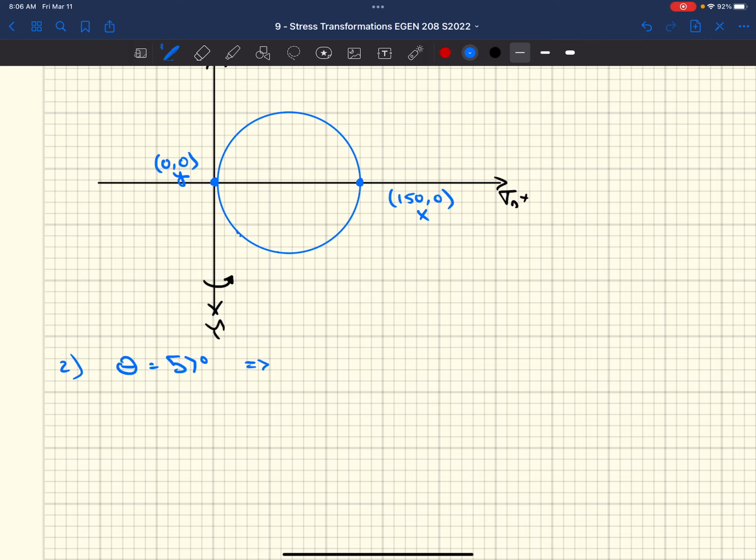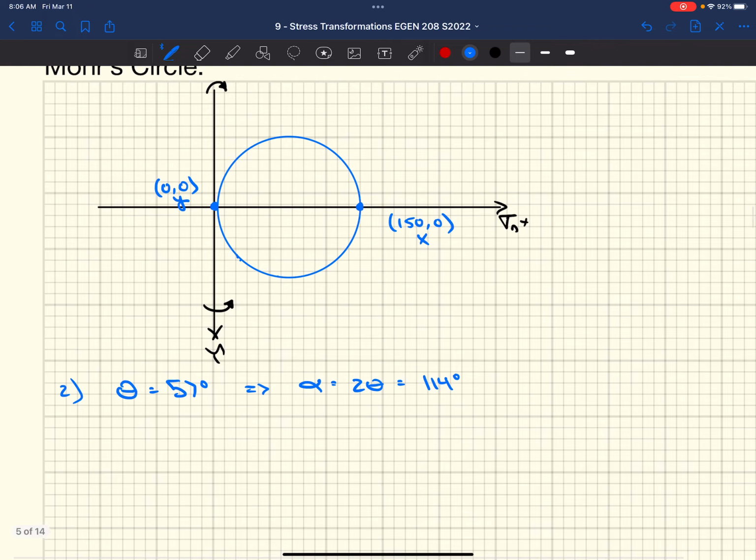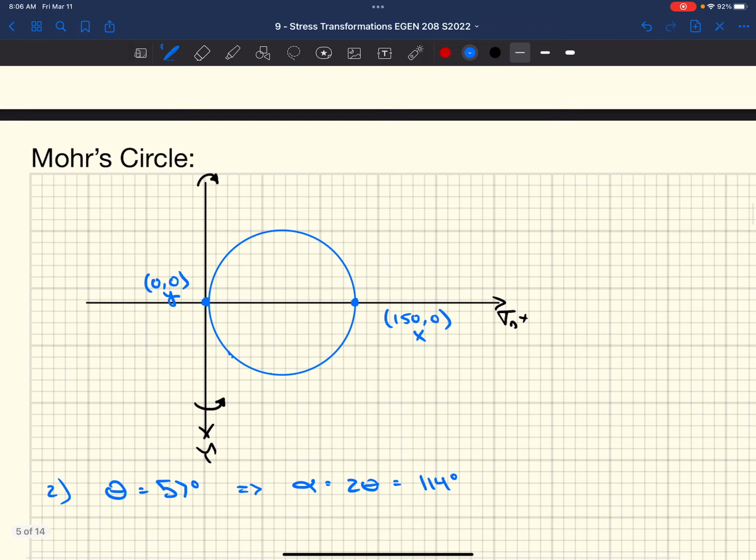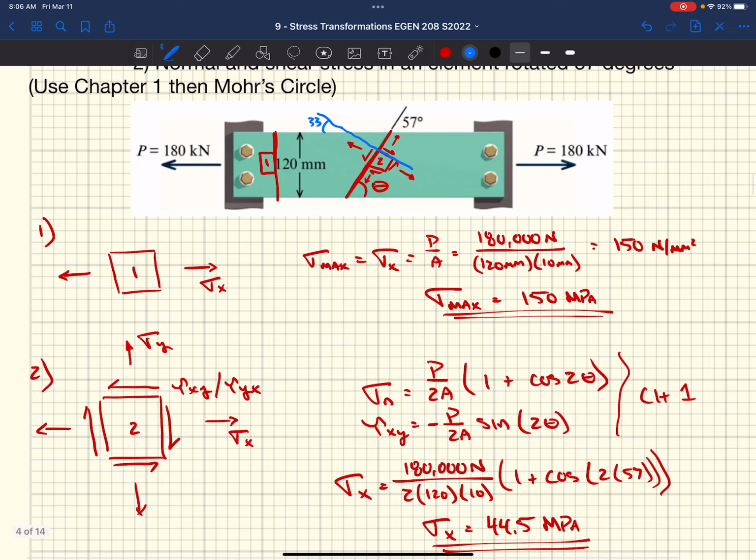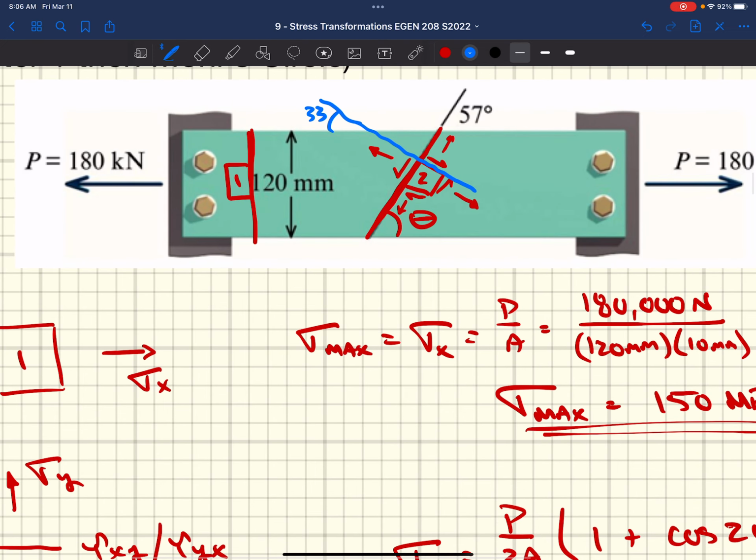Well, in our case, what does that mean? That means we need to look at an alpha at 2 times theta, or 114 degrees. So we know we're going to do 114 degrees. What does that mean? Well, we're going to take our x face, this orientation here, say we were looking at 1, and we're going to rotate it up to this 57 degrees.